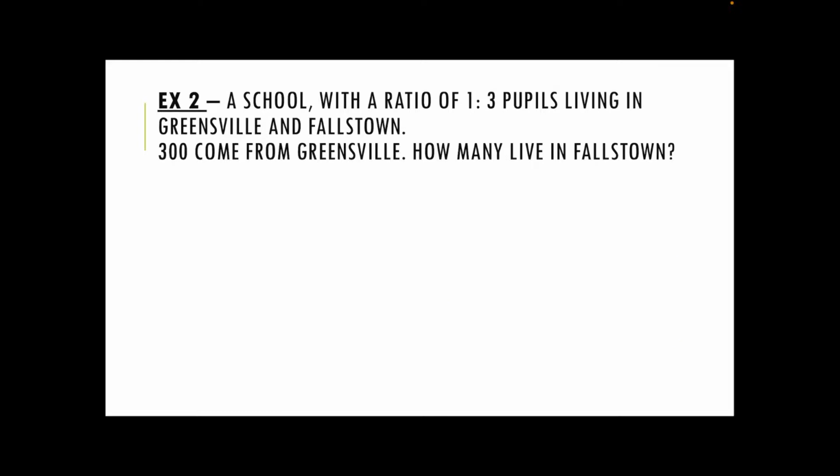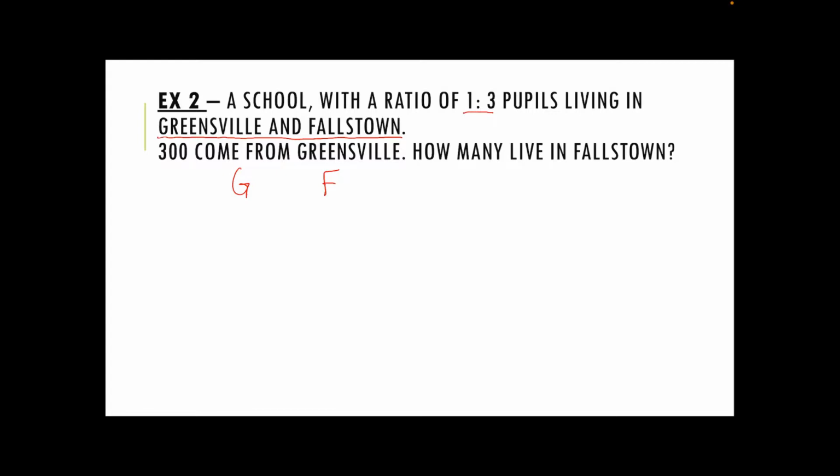A school has a ratio of 1 to 3 pupils who live in Greensville and Fallstown. 300 come from Greensville. We want to know how many live in Fallstown. It's not said explicitly, but because our ratio is given in the order of 1 to 3, and the towns are given in the order of Greensville and then Fallstown, it is going to be the matching order.